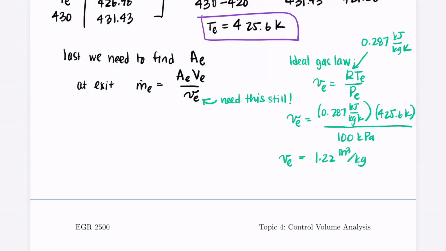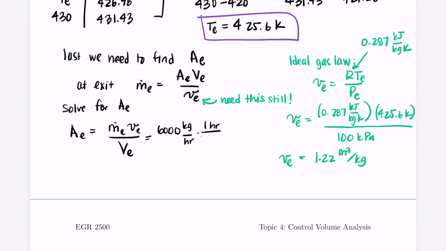Okay, so now we can go back to this equation and solve for AE. So AE is equal to m dot E VE divided by the velocity at the exit. We've got our 6,000 kilograms per hour, and then 1 hour is 3,600 seconds. So let's just take care of that conversion straight away.